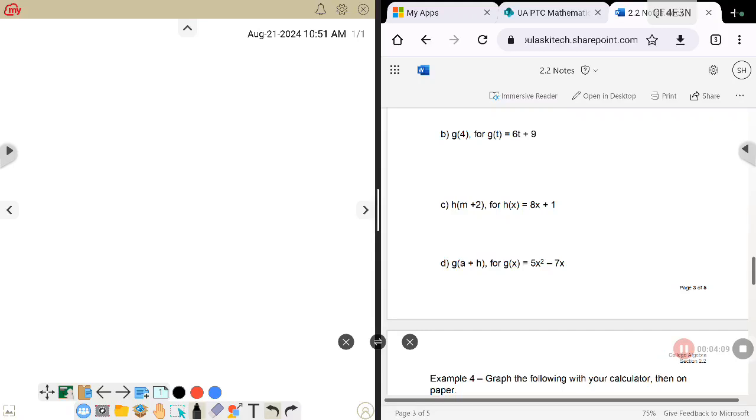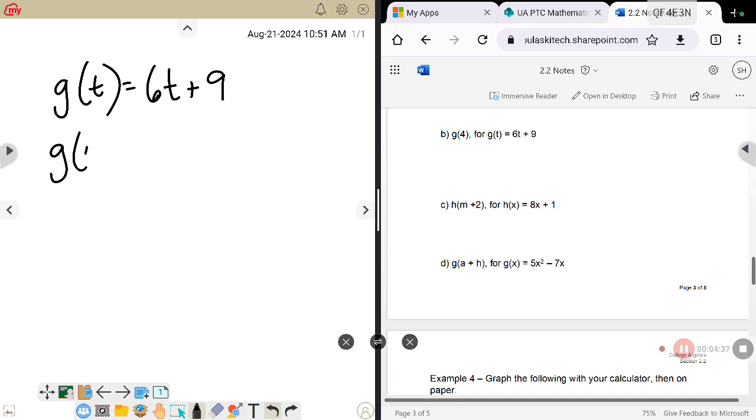Okay, in this next example, sometimes they don't call it f of x when they're talking about a function. They'll interchange the letters. The process is the same. So in example 3b here, your function is g of t equals 6t plus 9, and it wants me to find g of 4.